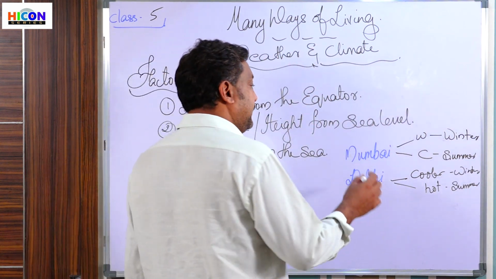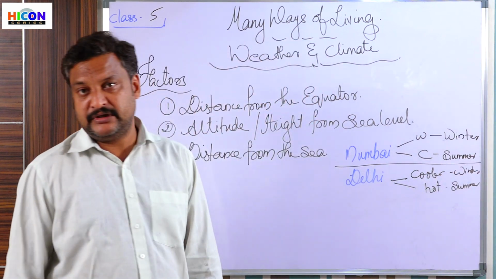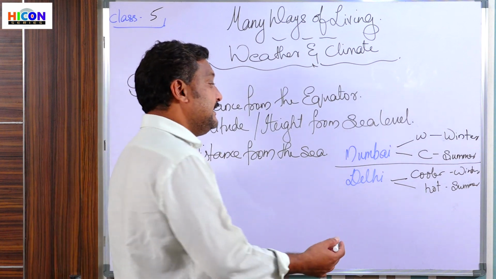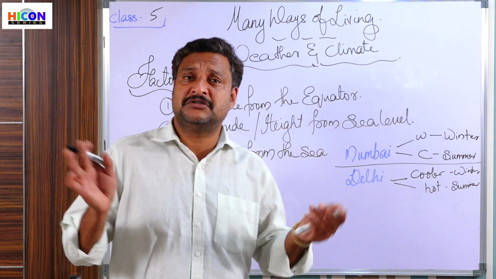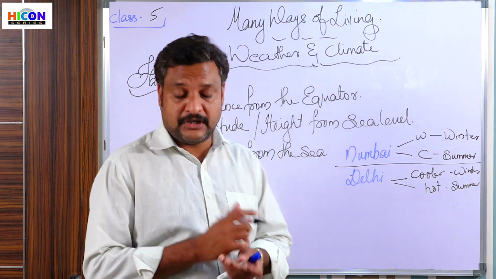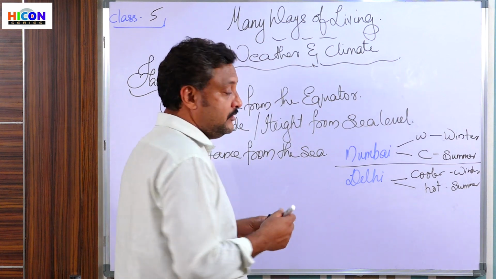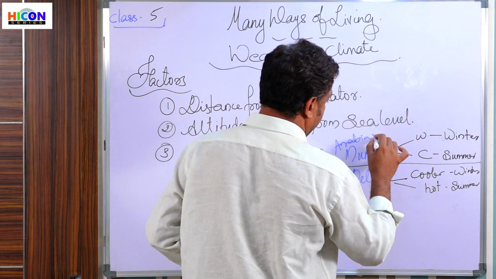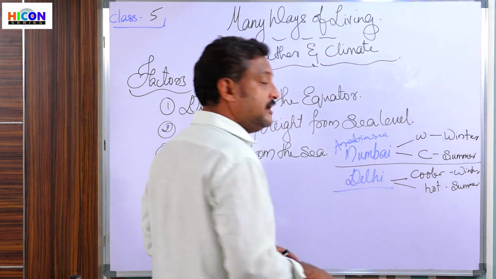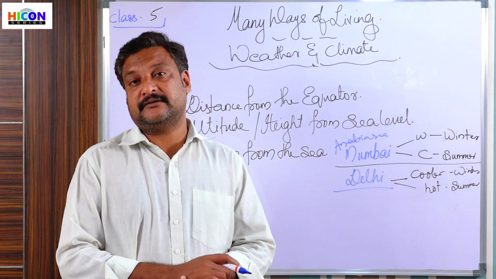Why is Mumbai warmer during the winter and cooler during the summer, but Delhi very cool during winter and very hot during summer? Because Mumbai is on the Arabian Sea, whereas Delhi does not have any seas or oceans near it.